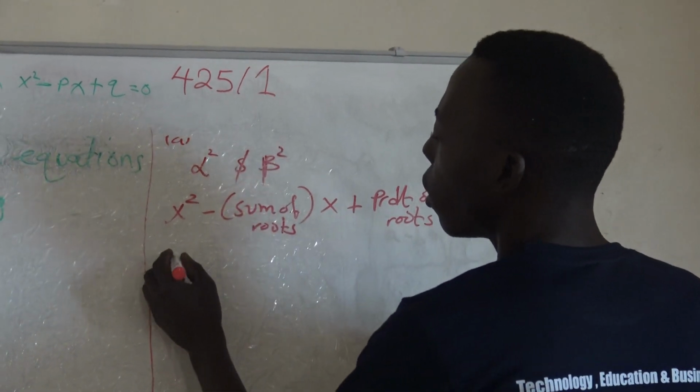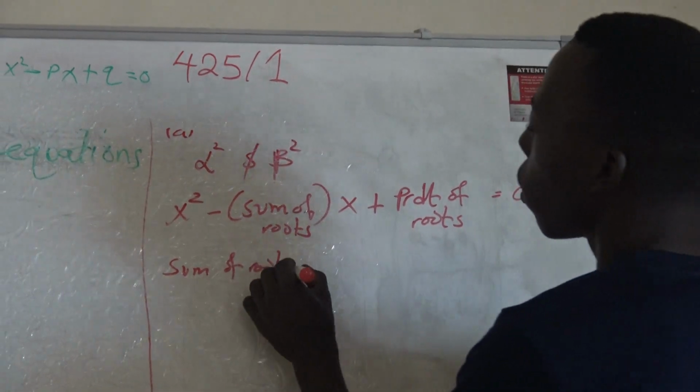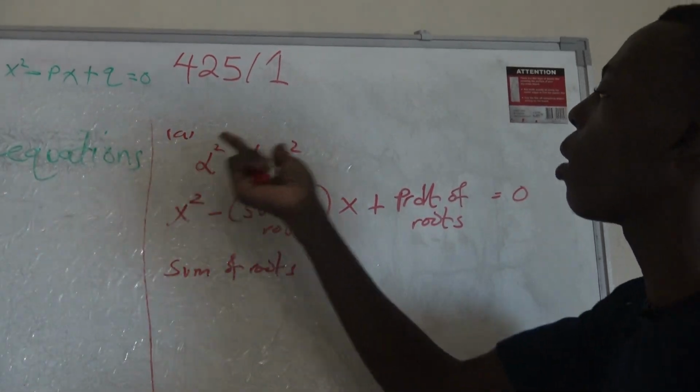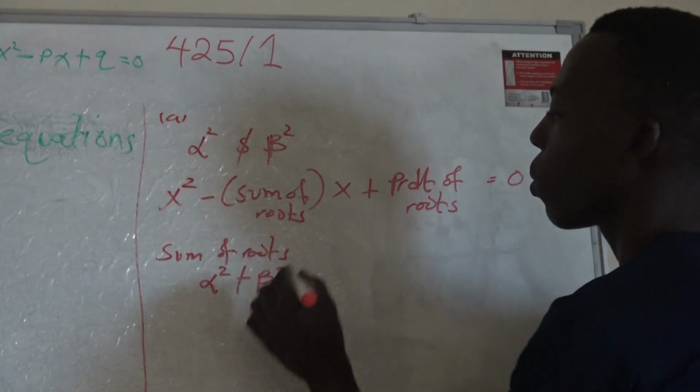So what we do, get the sum of roots. Getting the sum means we are adding this one plus that, which is alpha squared plus beta squared.